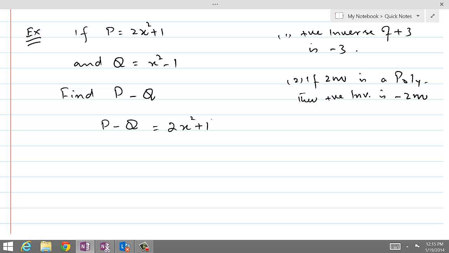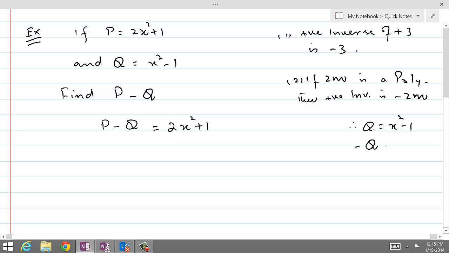And what would be the additive inverse of q? If q is equal to x squared minus 1, then changing all the signs will give us the additive inverse of q. So this would become minus x squared and plus 1. And now if we add p and minus q, that will give us the required difference p minus q. So we write p here, then the minus sign, then q, which is x squared minus 1.